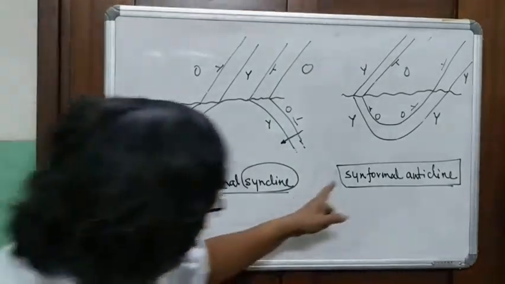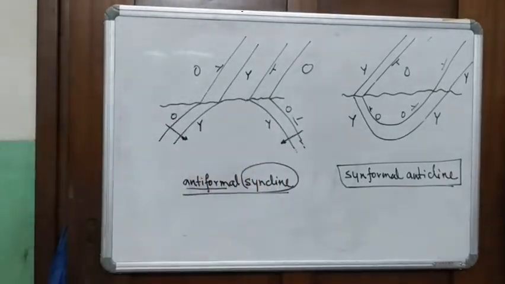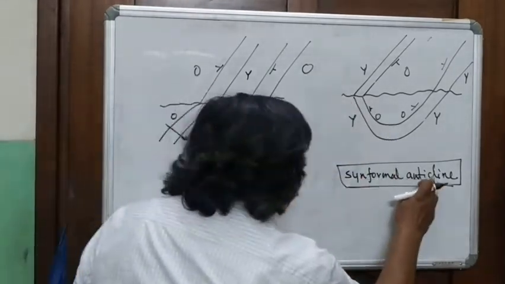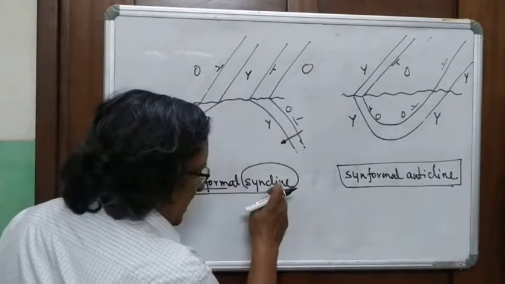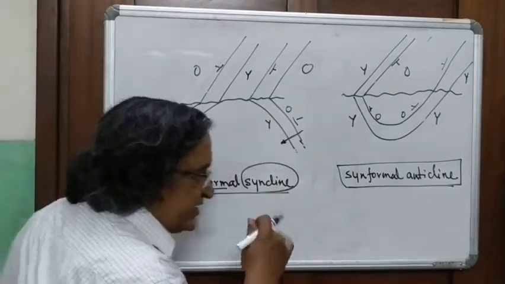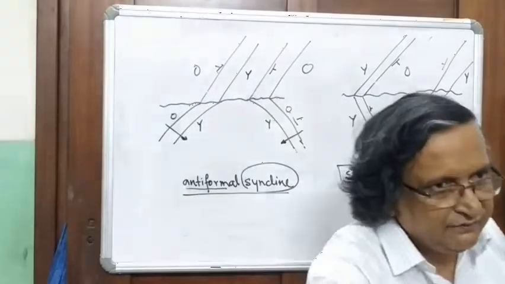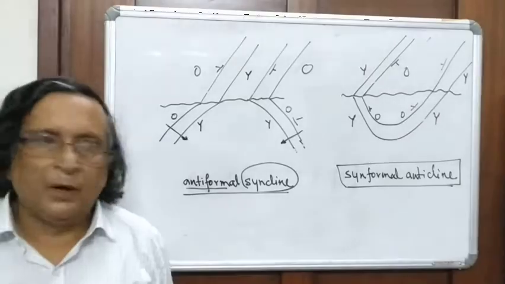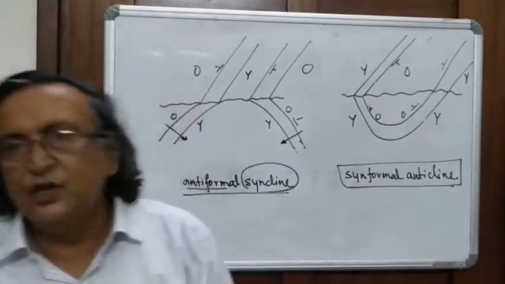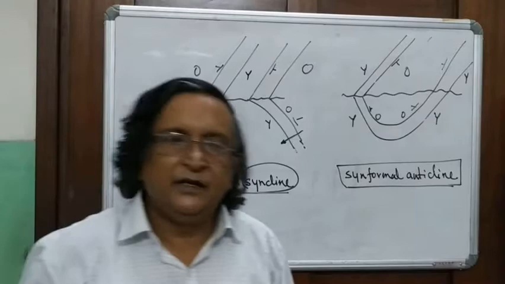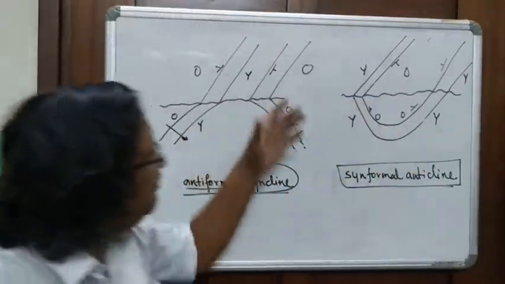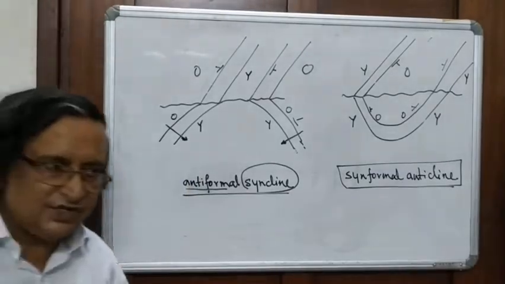That makes a synformal anticline. So it is very important to realize that synformal anticlines and antiformal synclines essentially indicate stratigraphic inversion. There is no other way you can get around this feature. So this is about inversion of stratigraphic sequences due to folding.